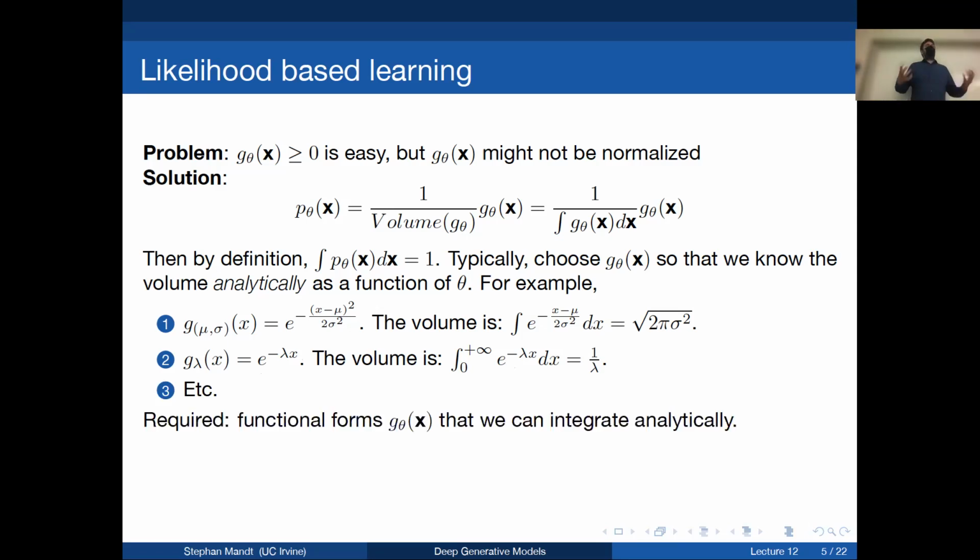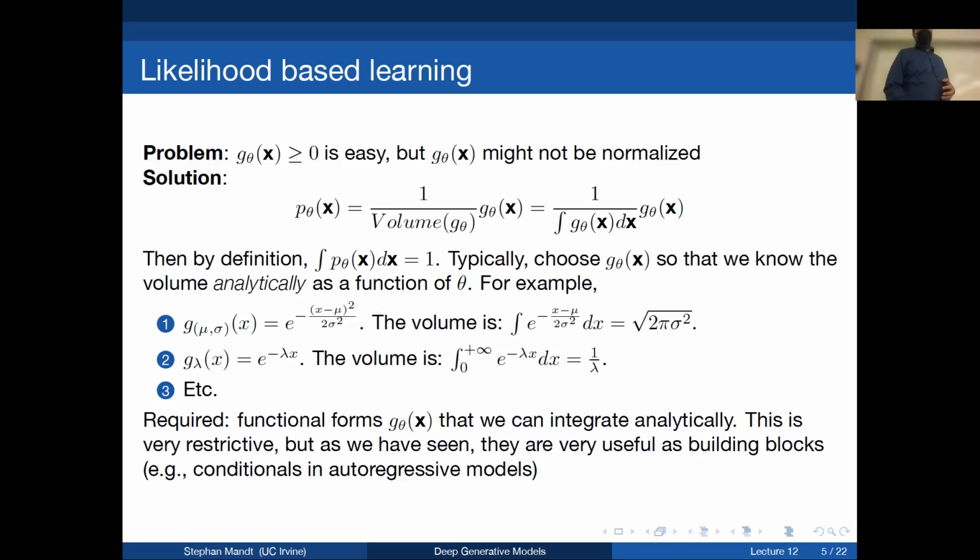So what's the requirement of this approach? Well, we need to restrict our attention to functional forms for g that we can easily integrate analytically. But this is actually a huge constraint, because in practice that can typically only work either if we drastically restrict the power of g, or we focus our attention on low dimensions, for example one-dimensional cases.